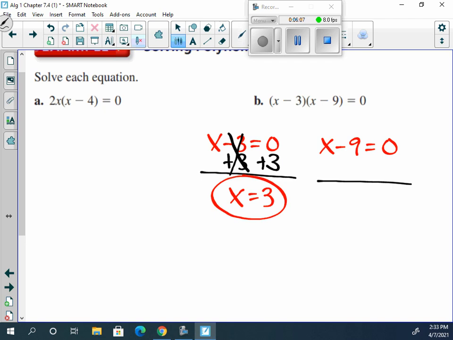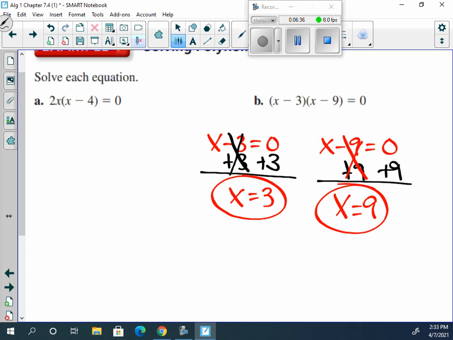Now what can we do for the other one? We can add 9 to both sides. Since it's x minus 9, the opposite of our negative 9 would be plus. Negative 9 plus 9 would cancel out, and that would tell us x is equal to 9.